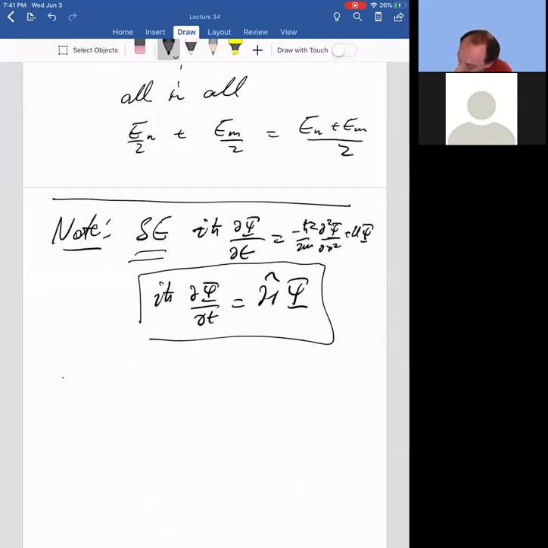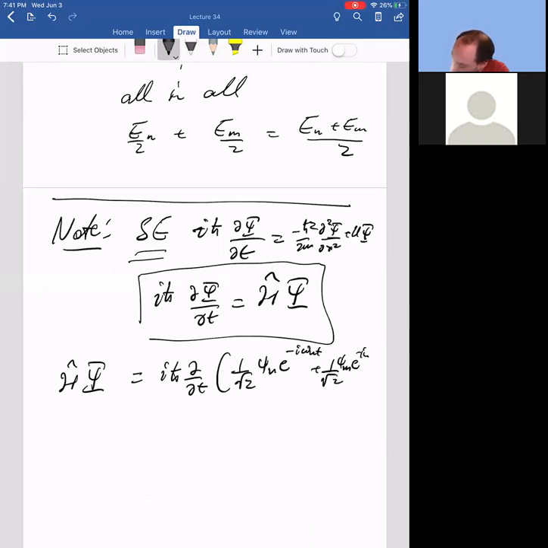So this equals i h bar times the time derivative of 1 over root 2 times psi_n e to the minus i omega_n t plus 1 over root 2 psi_m e to the minus i omega_m t, right?